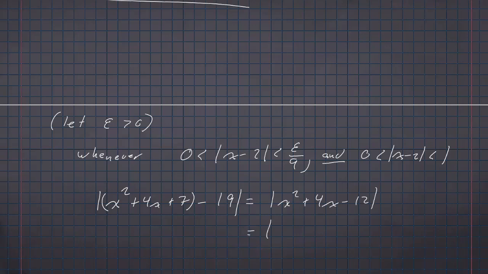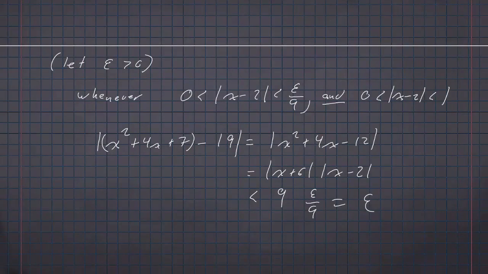And that factors, like we did before, into absolute value of x plus 6 times absolute value of x minus 2. And we know that x plus 6 is less than 9 from what we did before. And we know that x minus 2 is less than epsilon over 9. And if you multiply those two things together, you get epsilon.